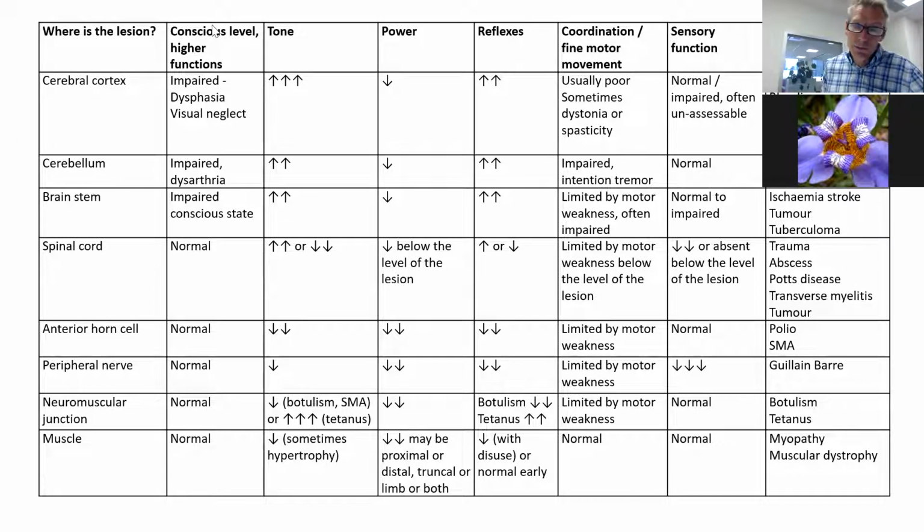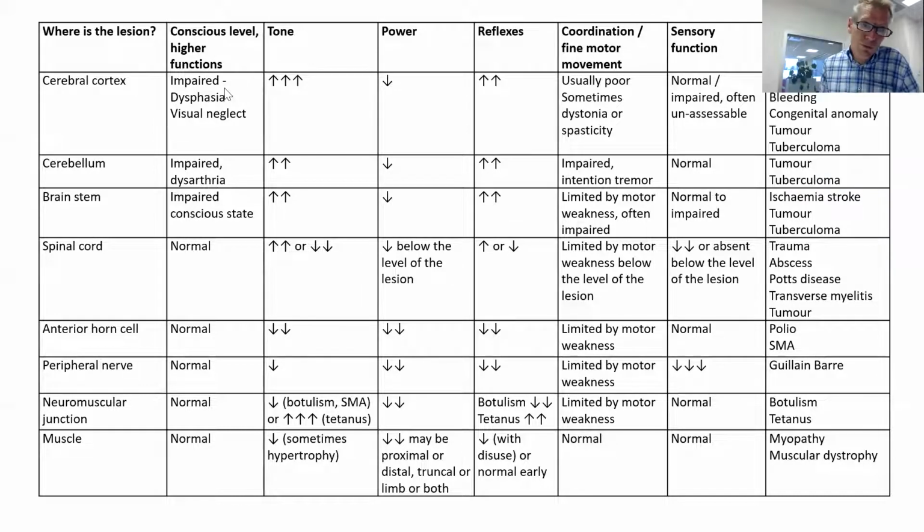For the next column, I've said what the conscious level is for the child at different levels. So for example, if a child's got a cerebral cortical lesion, whether it's a stroke or a tuberculoma, then they will usually have an impaired conscious state. They will often have impairment of communication, so they'll have a reduced conscious state. They'll often have dysphasia or visual neglect or some other higher cortical function impairment.